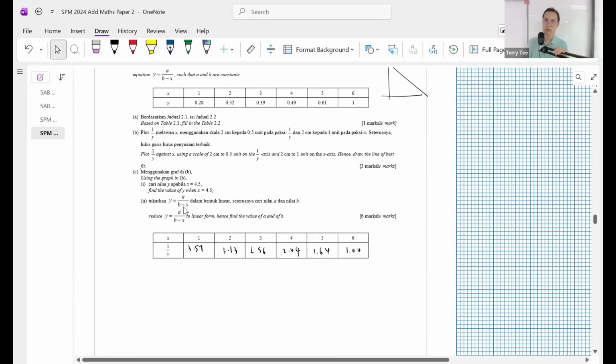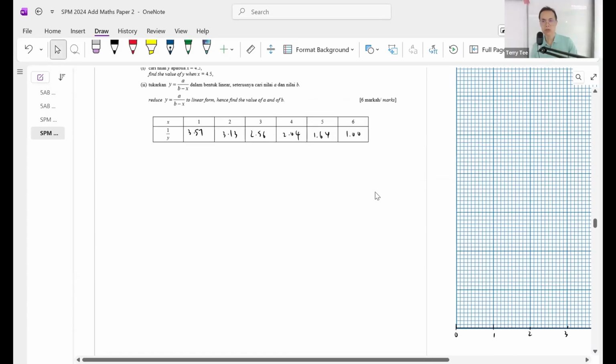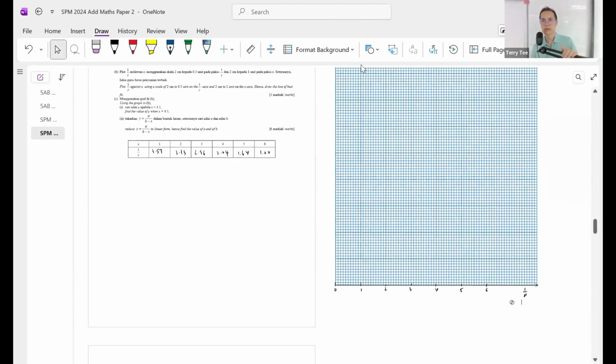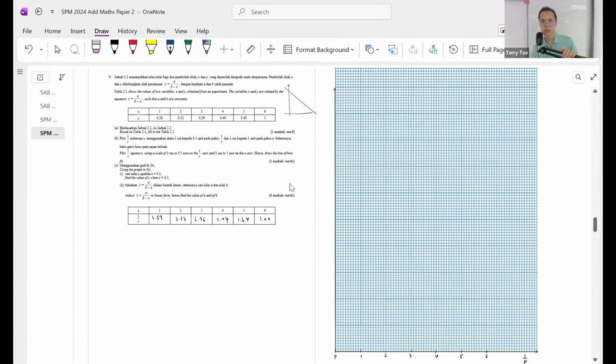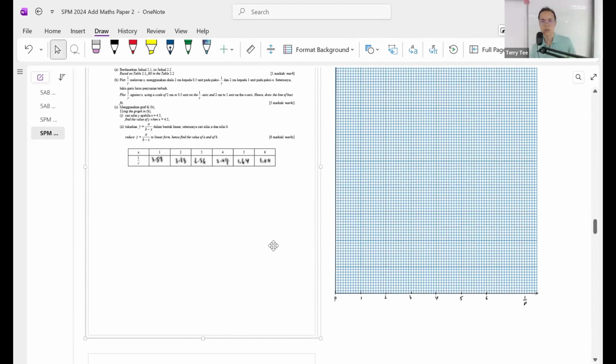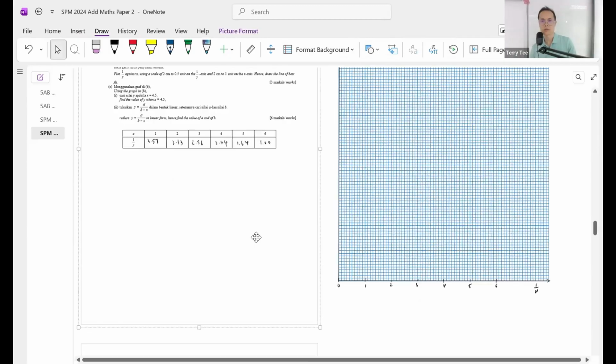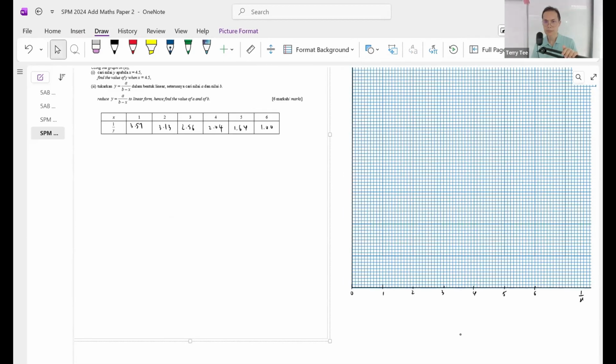The scale they mentioned here, use 2 cm to 0.5. Okay, let me draw the line first. Enough? I think it's enough. Okay, smallest is 0.5. Where's 0.5 here?